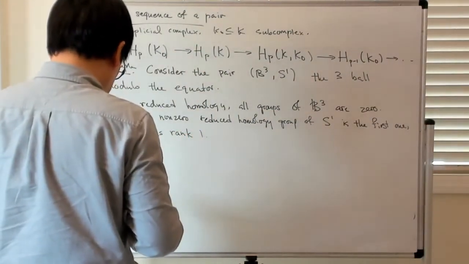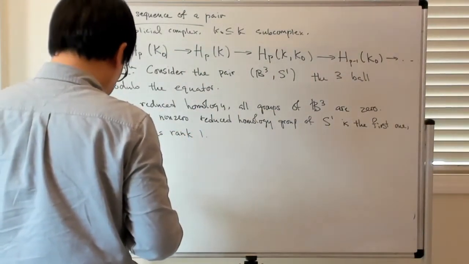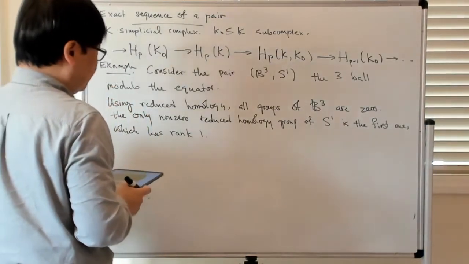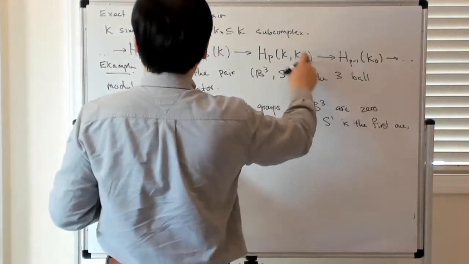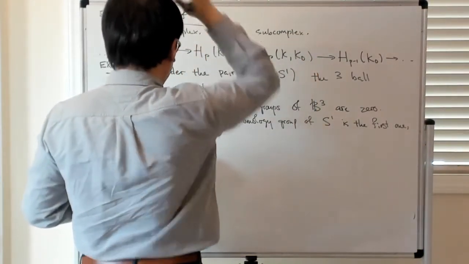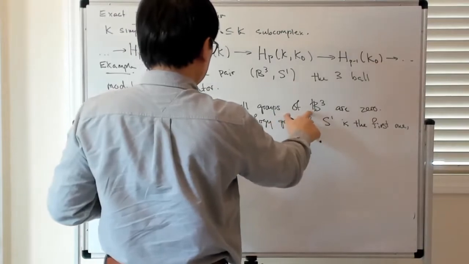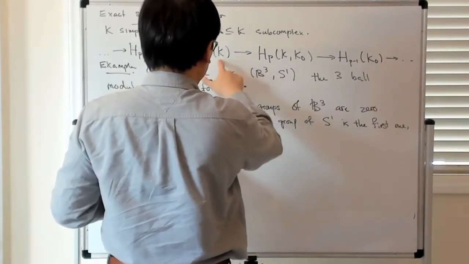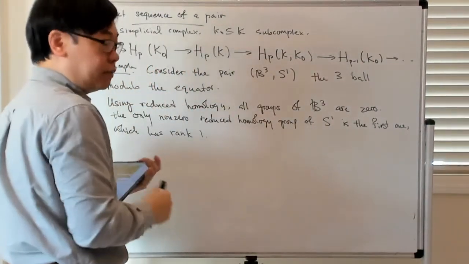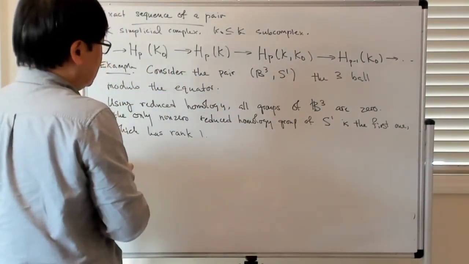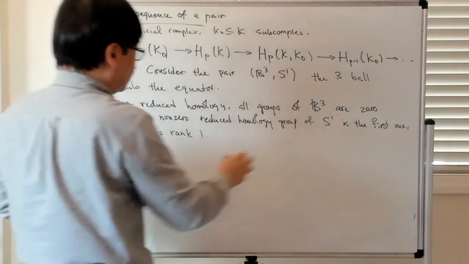Okay, so what that means is that except for dimension 2, we're going to apply this exact sequence of the pair, and B3 is going to correspond to K, right, and S1 is going to correspond to K0, once you've appropriately triangulated everything.